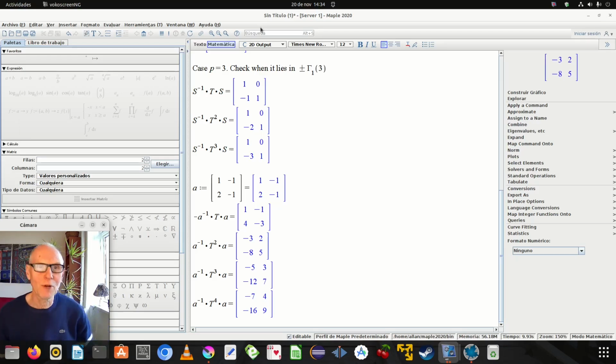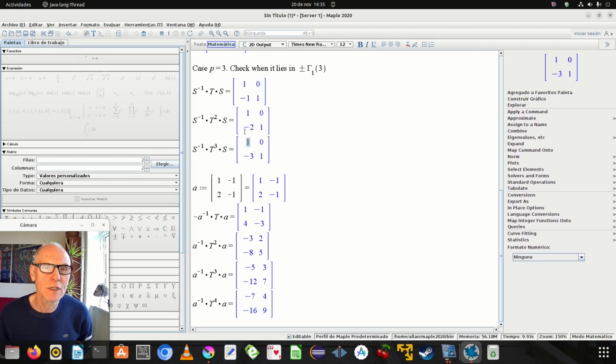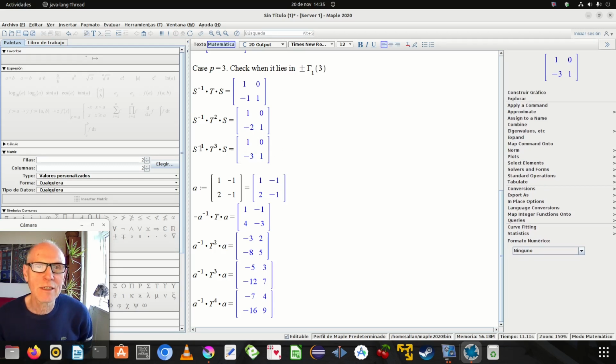Well, I've done what I said. I went with the same definitions and computed s to minus first ts and various powers of t. They all have diagonal unity, and then it's minus 1, minus 2, minus 3. So this guy lies in gamma 1 of level 3.